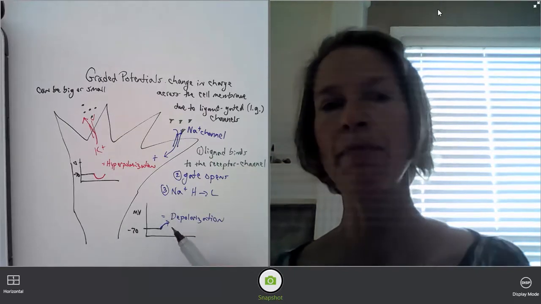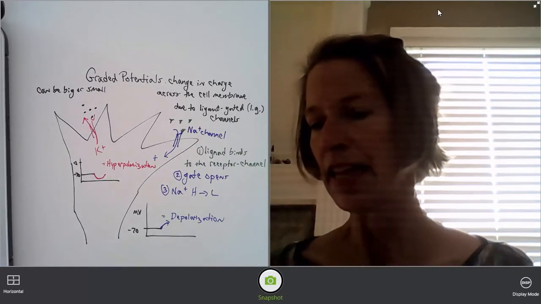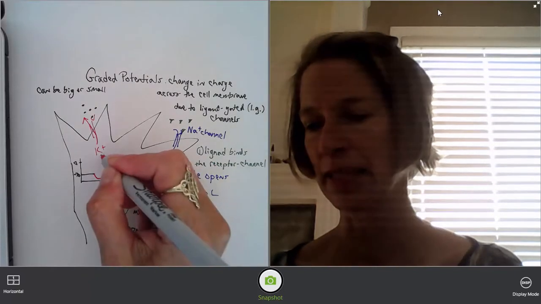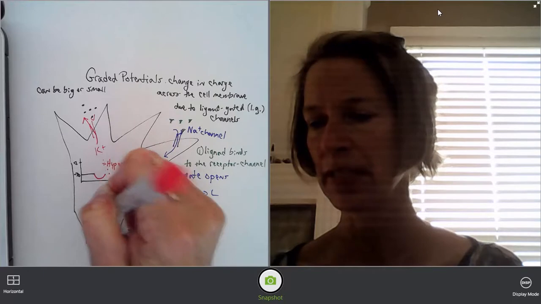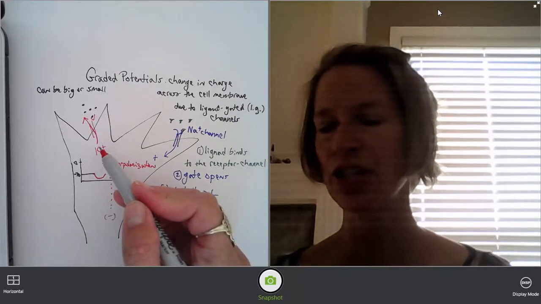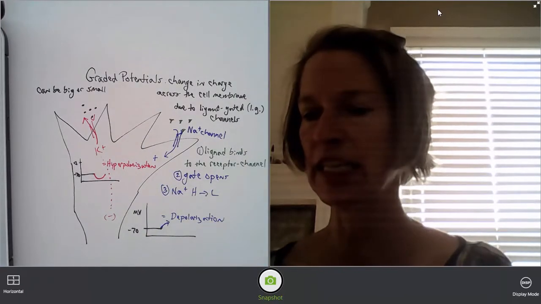The other thing about graded potentials is their effects travel through the cytoplasm. And as they travel through the cytoplasm, this will be a negative effect because it's a hyperpolarization. The effects diminish over distance.